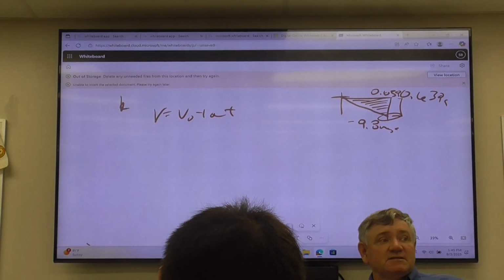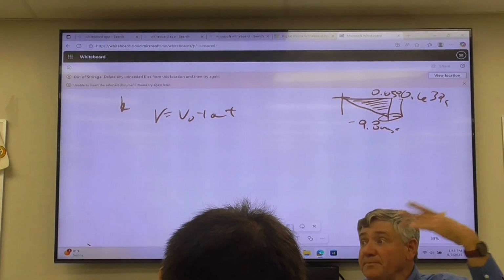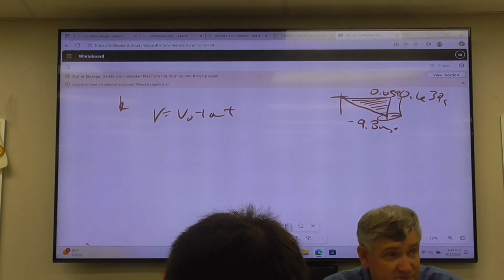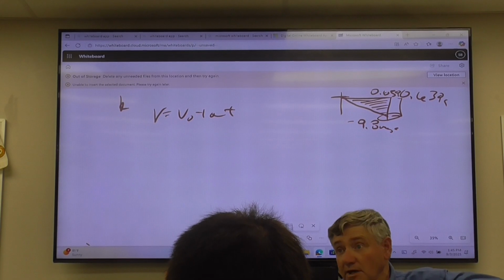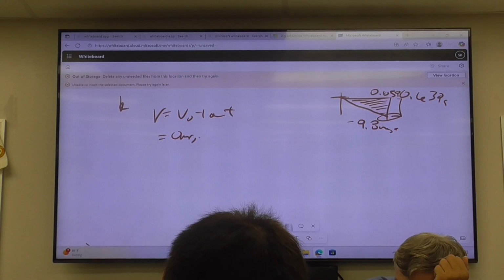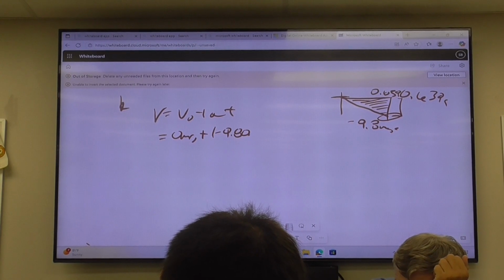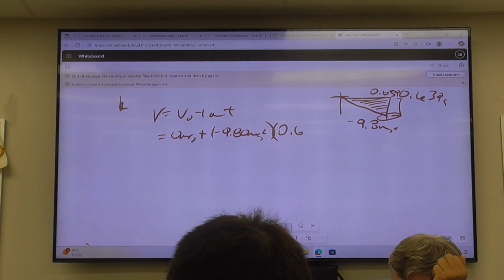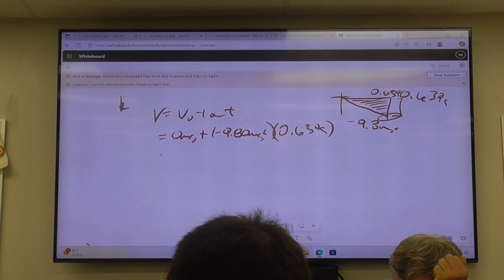What's your initial velocity? 0. It's the slope-intercept form. What's your y-intercept? 0, because we dropped the ball. Okay? So my initial velocity is going to be 0. You know your acceleration? Yes. Negative 9.80 meters per second squared. You know your time? Yes. 0.639 seconds.